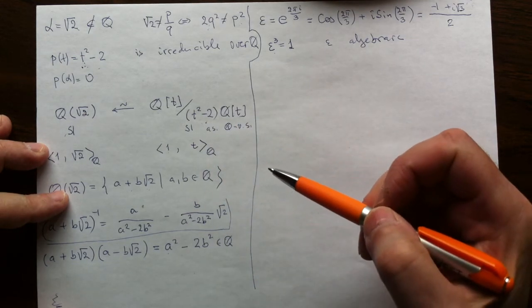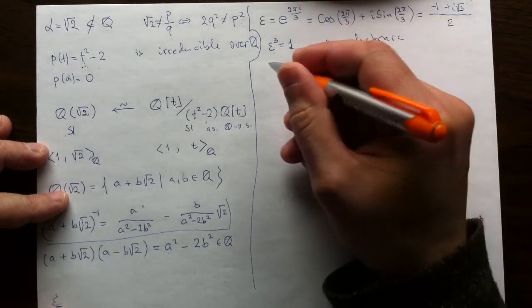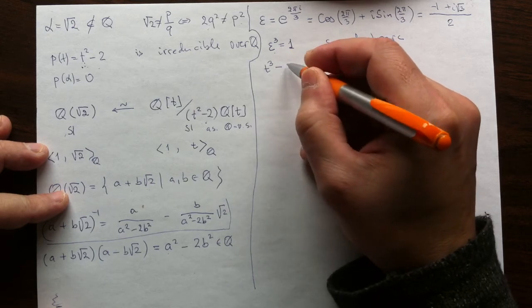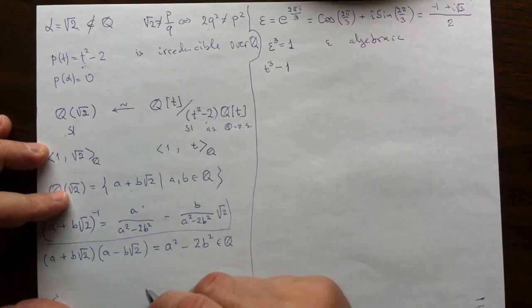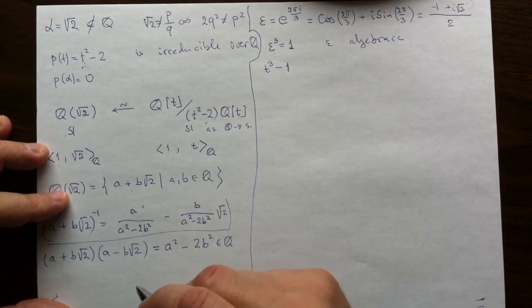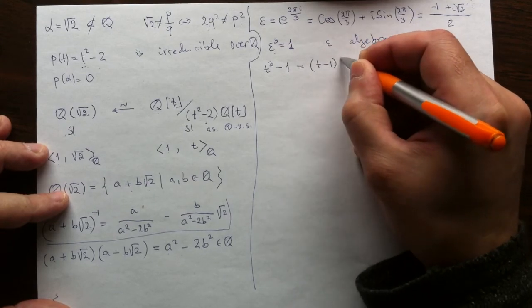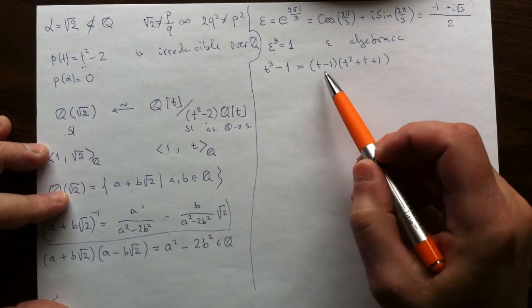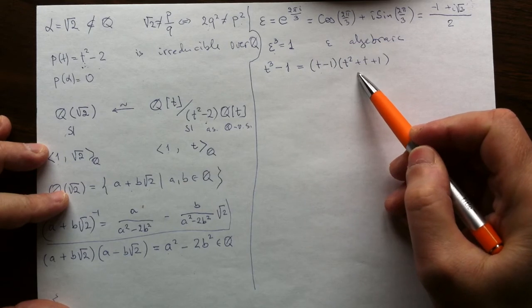So it has to be a polynomial for which epsilon is a root, and it has to be irreducible. If we take this polynomial equation, which obviously vanishes on epsilon, it's not irreducible over the rationals, because we can factorize it into t minus 1 and t squared plus t plus 1. And obviously epsilon is not a root of this, epsilon is not 1. So epsilon must be a root of this.